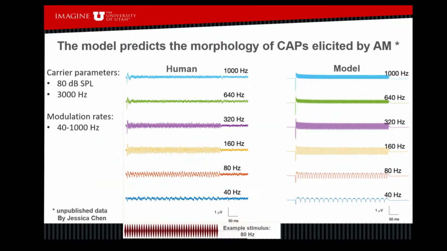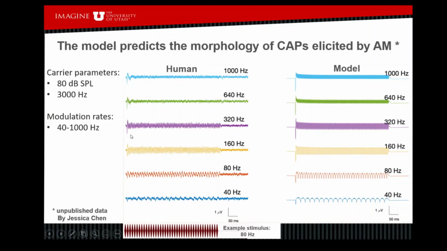So amplitude-modulated stimuli may evoke phase locking of the auditory nerve fibers in response to the stimulus envelope. An example of an amplitude-modulated sinusoid is at the bottom of the slide here. These waveforms are the average CAPs elicited by AM carriers from 8 normal hearing subjects.